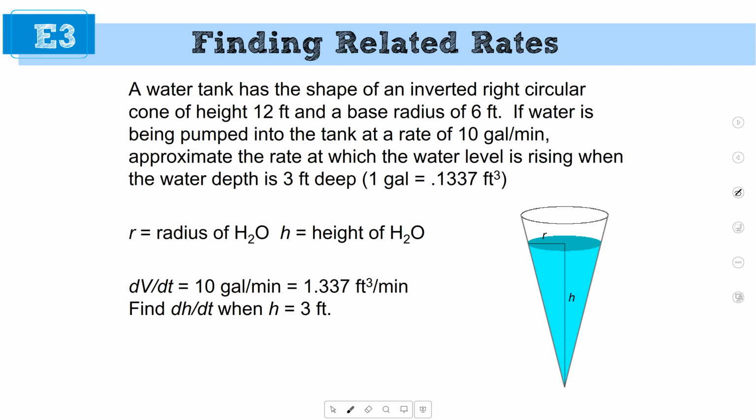I converted 10 gallons per minute to 1.337 cubic feet per minute. I'm hoping you can handle that, because you learned how to use gazinta bars in chemistry, right? Yes. Good. I'm solving for dH/dt. When? When the height is 3. How fast is the water level rising when the height is 3?